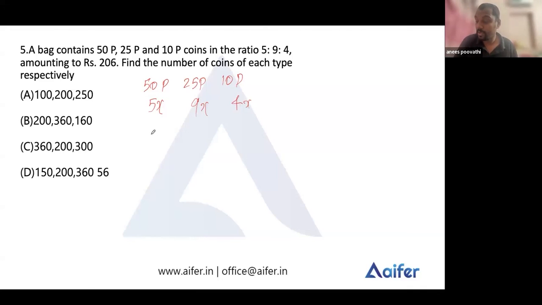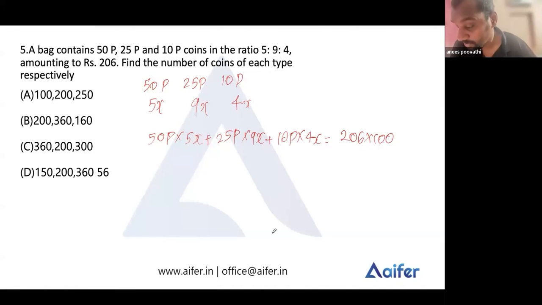So we have 50 paisa into 5x plus 25 paisa into 9x plus 10 paisa into 4x is equal to 206 into 100 paisa. We have to convert 206 into paisa. So now we'll be solving this. We have 50 paisa into 5x is 250.